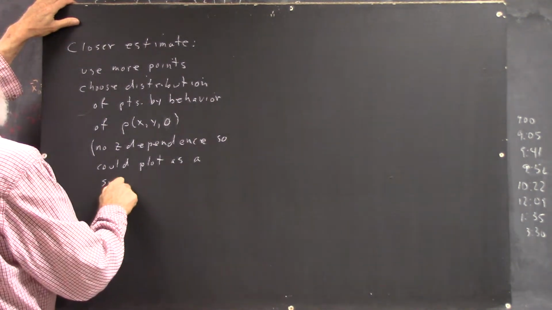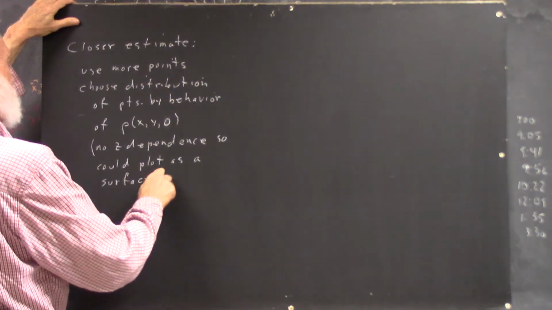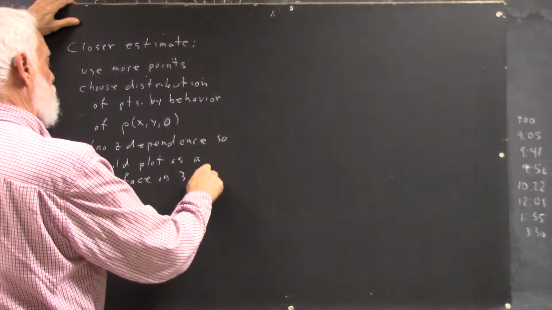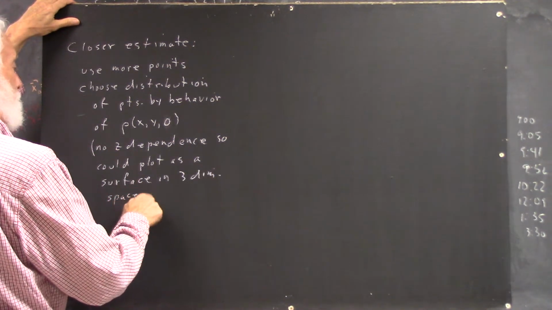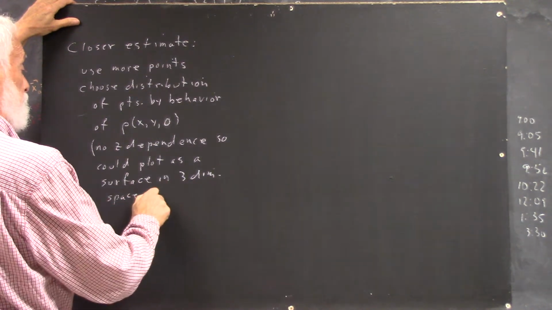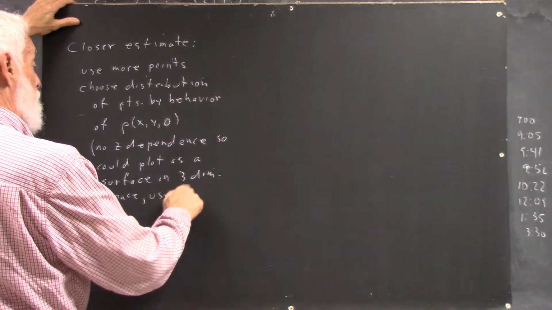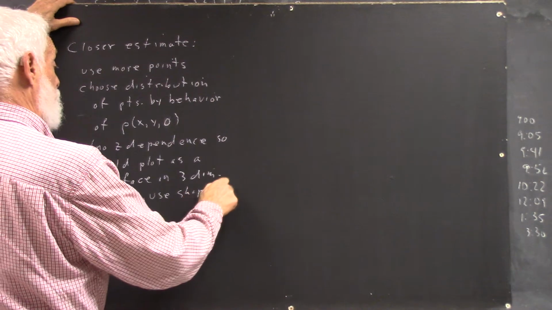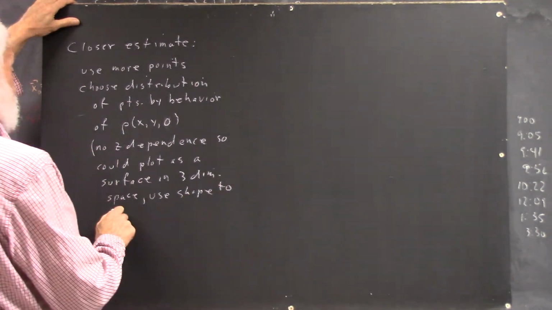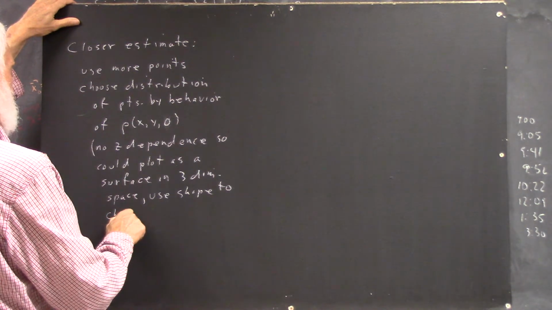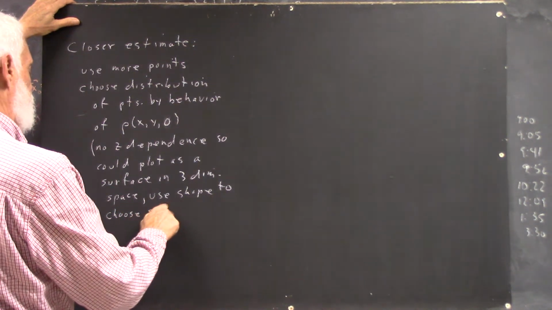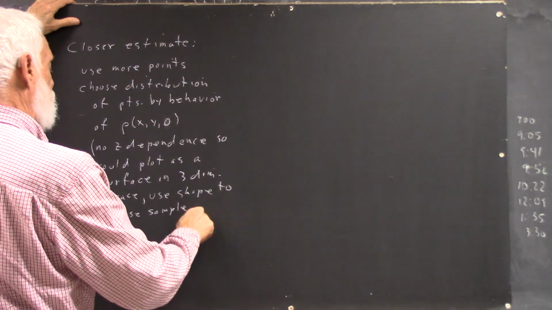So we could plot this as a surface in three-dimensional space and use the shape to choose sample points.